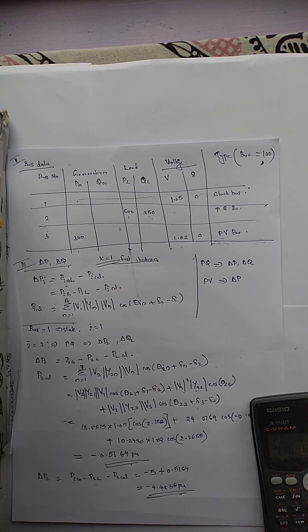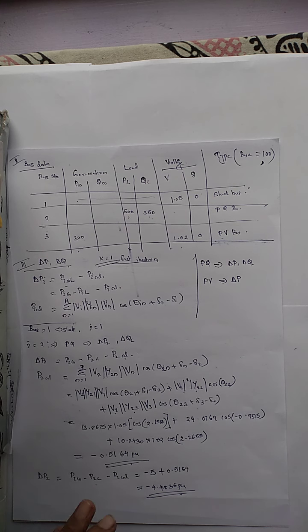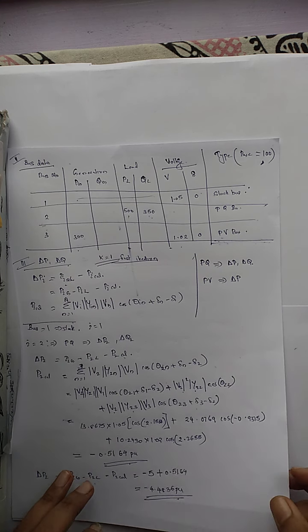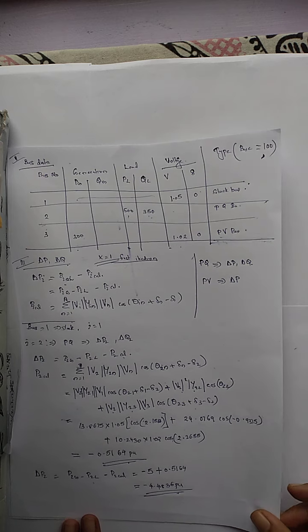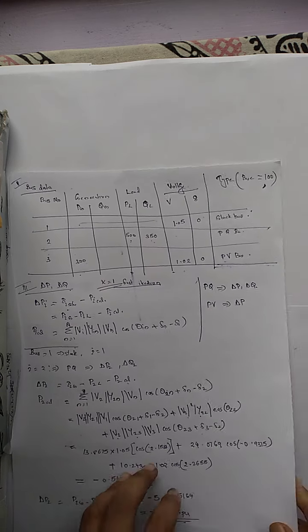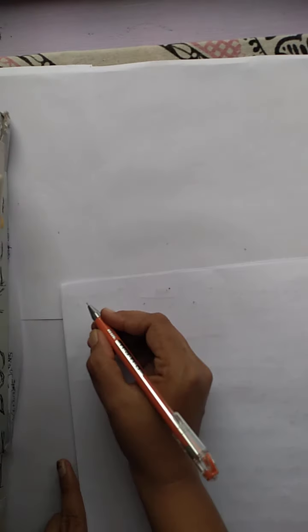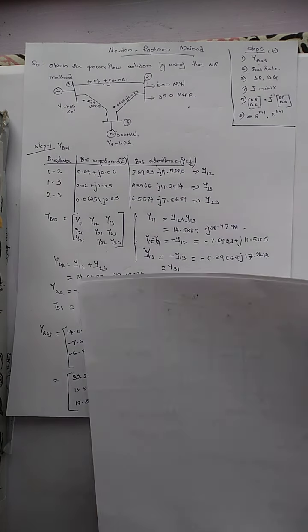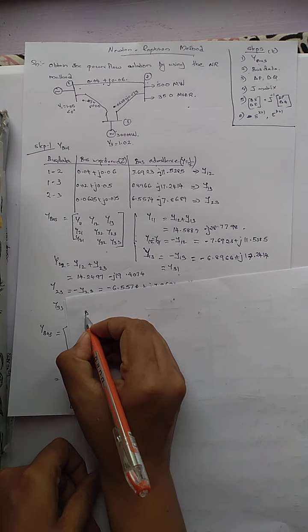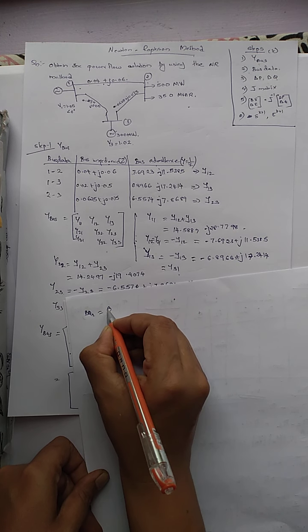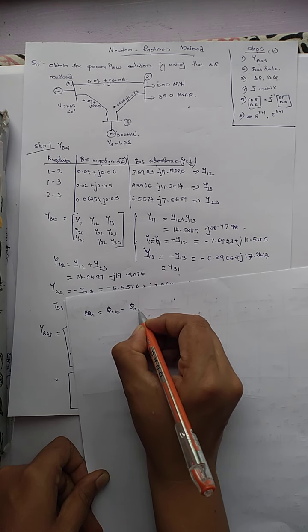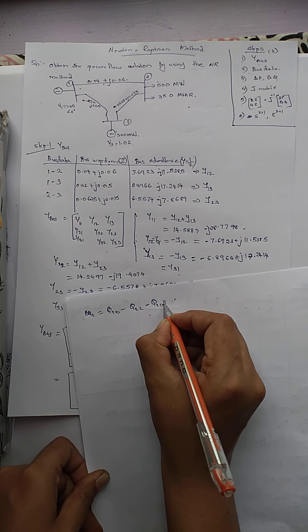Similarly, we have to do the same for Q, finding out delta Q2. So how will we find out delta Q2? In order to find out delta Q2, what I have to do is, delta Q2 is equal to Q2 generated minus Q2 load minus Q2 calculated.